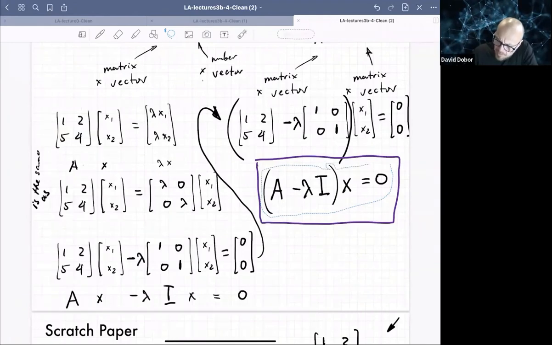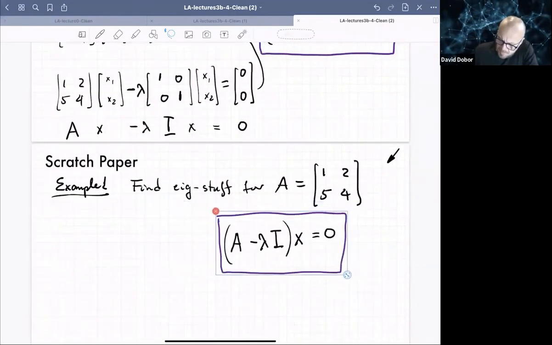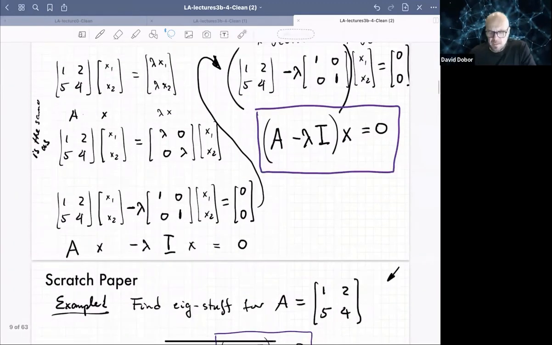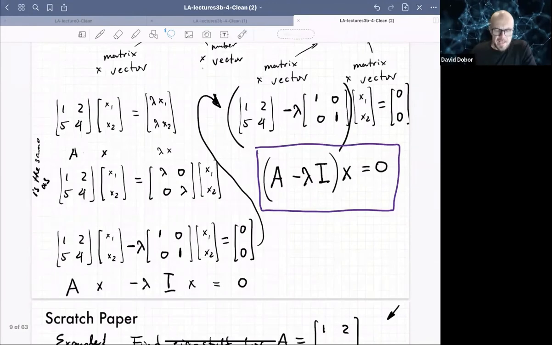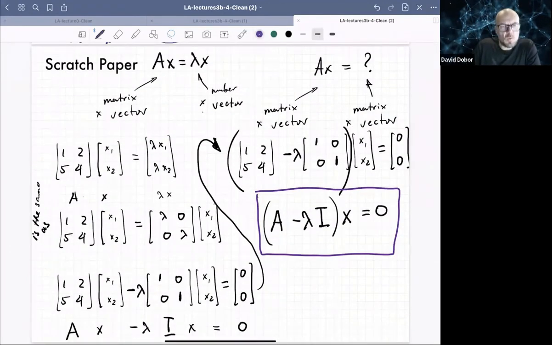Okay, so I'm going to copy this. So what I want to say is, are people good with what I wrote here? It's just a way of rewriting the original equation, Ax equals lambda x, which is this.